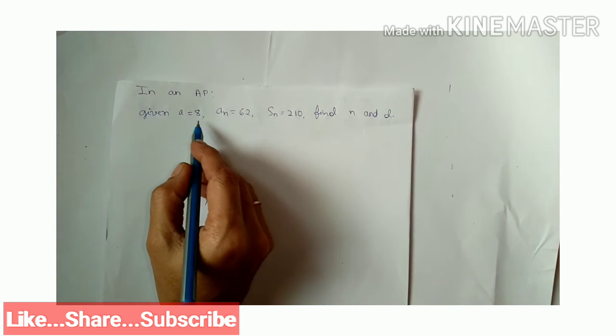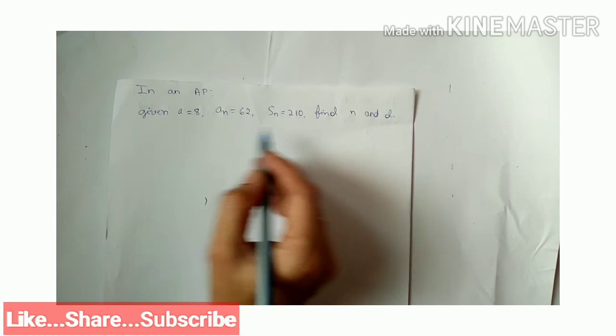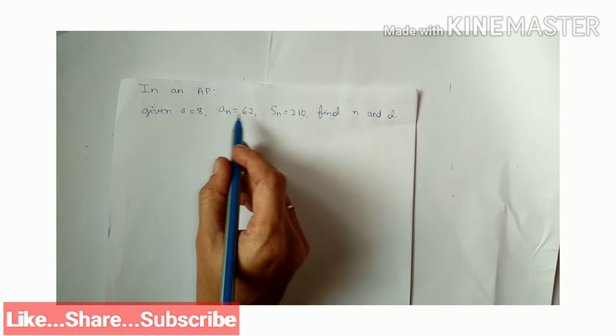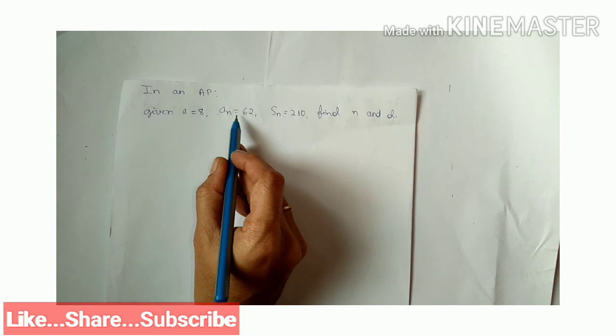Let us solve next example. In an AP, given a is equal to 8, n is equal to 62, Sn is equal to 210, find n and d. First term is 8, we have to find n and d. We know first term, last term.